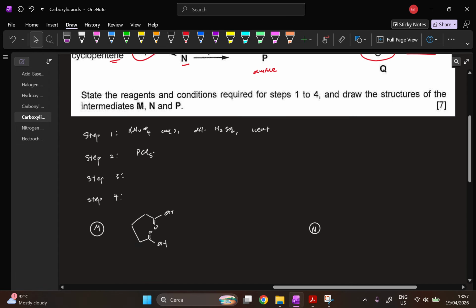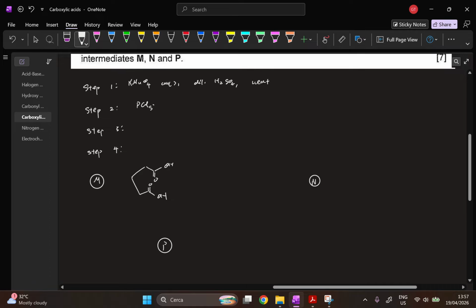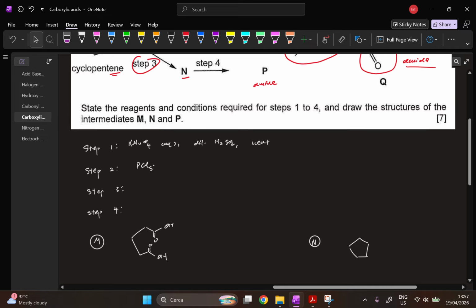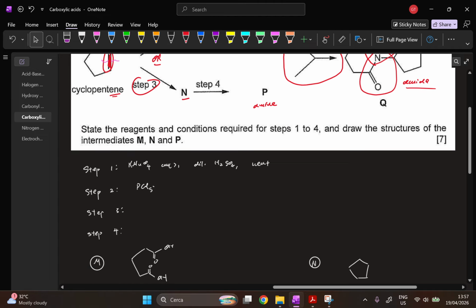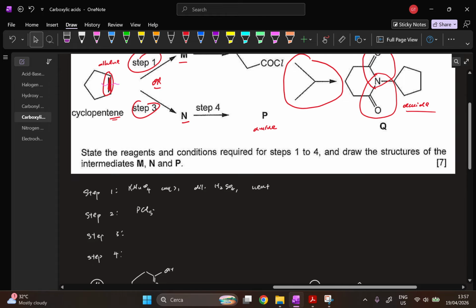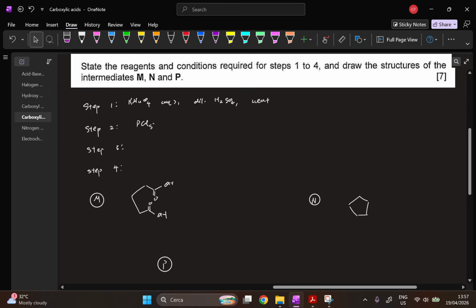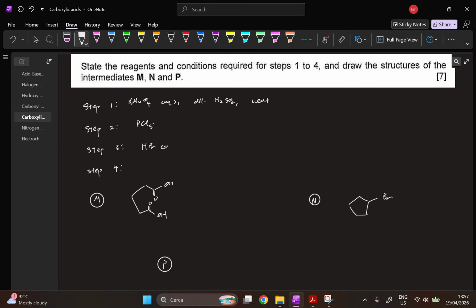So I already know that my N is going to be cyclopentane, an alkane. And then presumably I will have a halogen here. Which halogen you want, Cl or Br, really it doesn't matter. But for whatever reason, I feel more comfortable putting Br. So it's just HBr, gas, and room temperature.